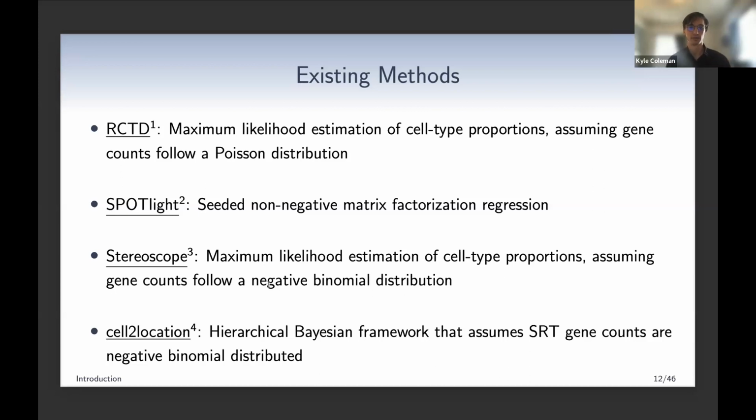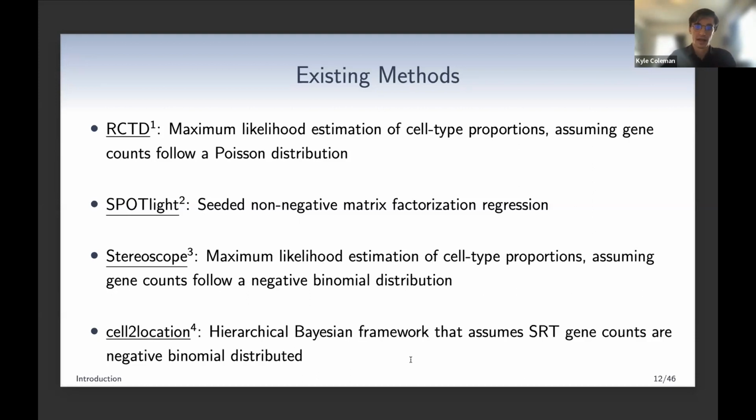Next, there's Spotlight, which was published in Nucleic Acids Research, which is a seeded non-negative matrix factorization regression-based framework. Then Stereoscope was published, I think in 2019 in Communications Biology, and it's a maximum likelihood estimation approach for cell type proportion estimation, assuming gene counts follow a negative binomial distribution. And then finally, Cell2location, published in Nature Biotech, is based on a hierarchical Bayesian framework, assuming gene counts are negative binomial distributed.